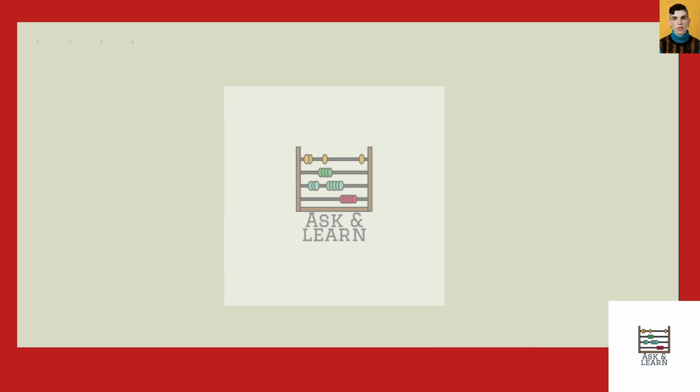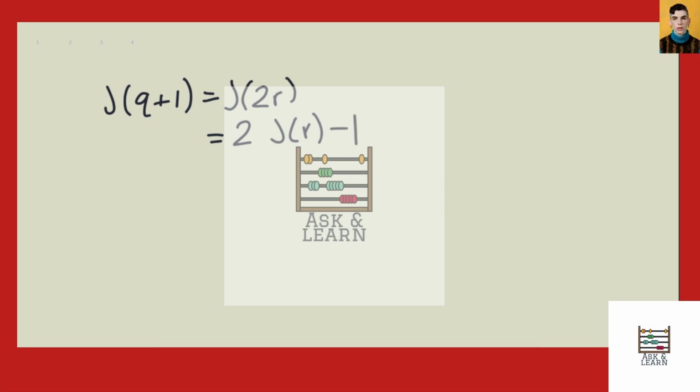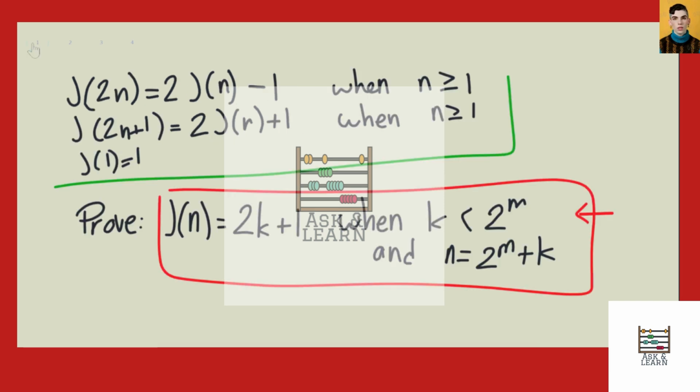And so if that's the case, then we can consider j(q+1), which is equal to j(2r), which is going to be equal to 2 times j(r) minus 1, which was given to us just by the formula up here.